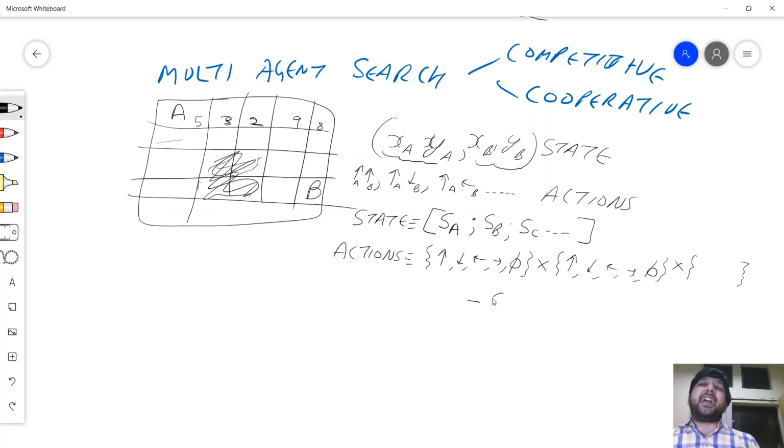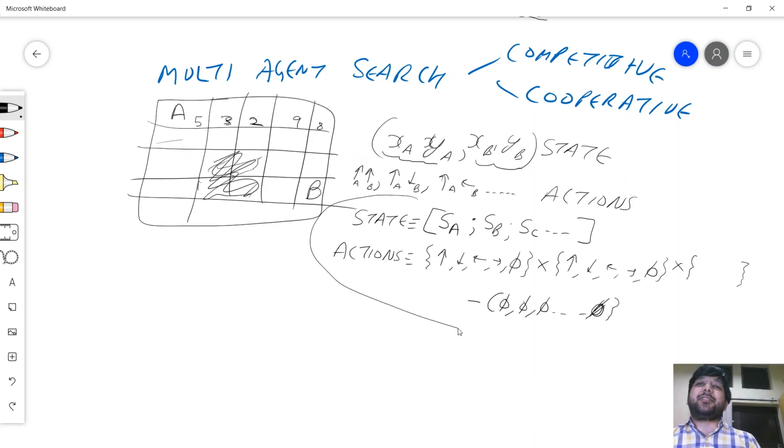If you want, for this particular case, you can subtract one specific action from the cross product, when nobody moves. Everybody is static. That will give you exactly the same state. Nothing will change. So in a cooperative system, the state is a join of all states. The action is a cross product of all actions.